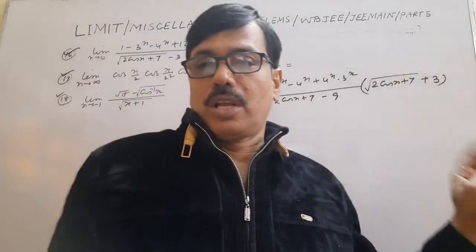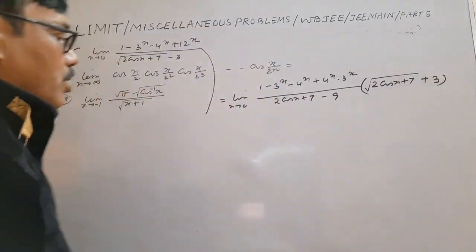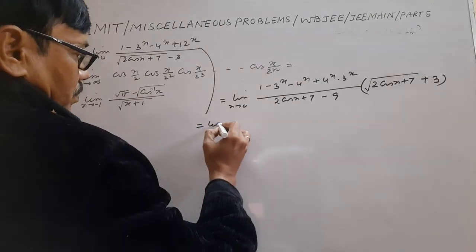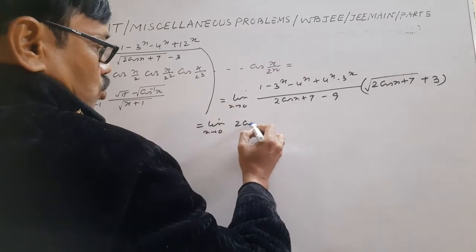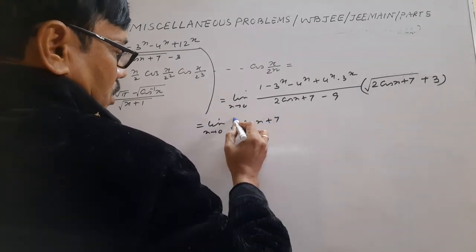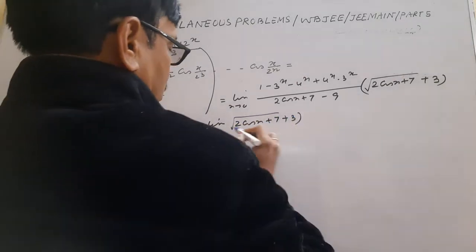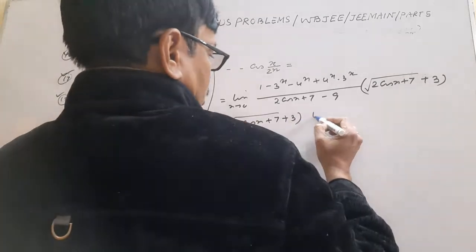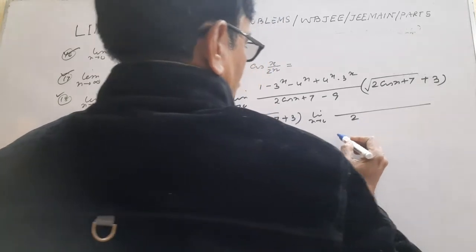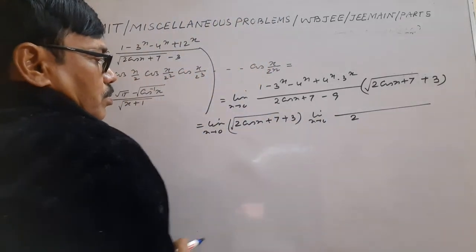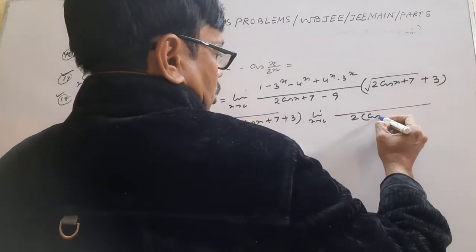Now we know the rationalizing factor, this creates no problem. Limit x tends to 0. So square root of 2 cos x plus 7 plus 3. Make it separate. And this is limit x tends to 0, 2 into cos x minus 1.